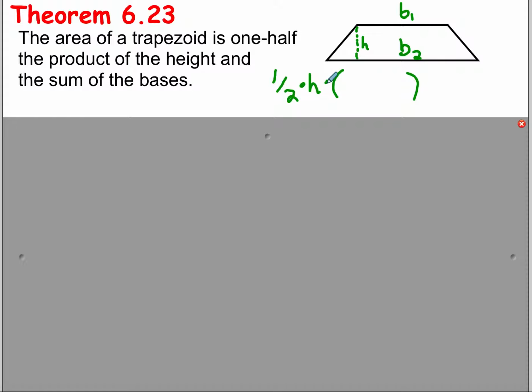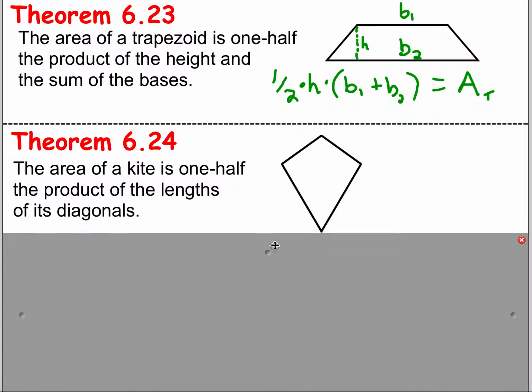So I'm going to be multiplying 1/2 times the height times (B1 plus B2). Okay? And that is the area formula for a trapezoid. When I write area, capital A, and then I write a little subscript T, that's saying the area of a trapezoid.